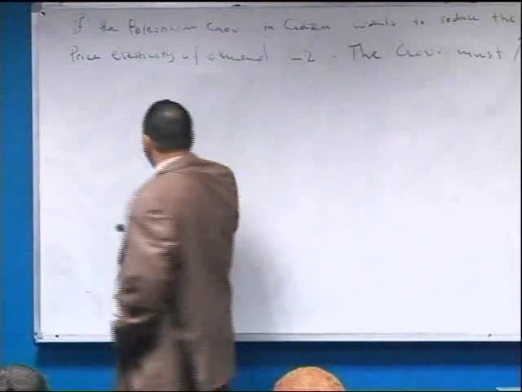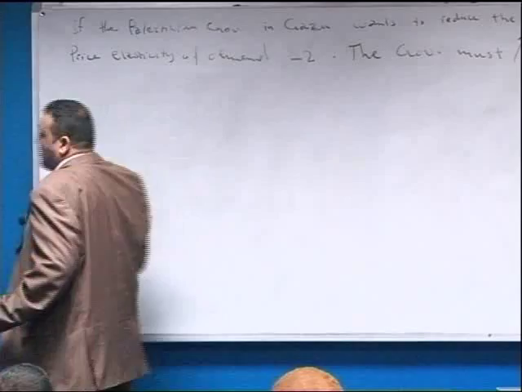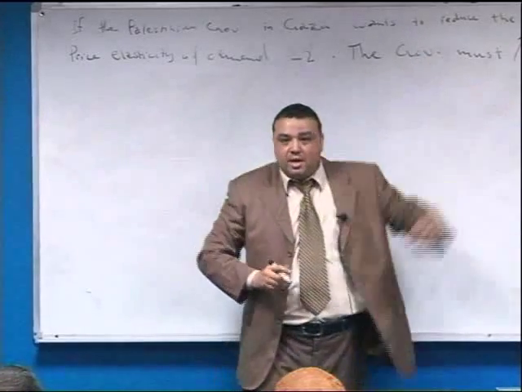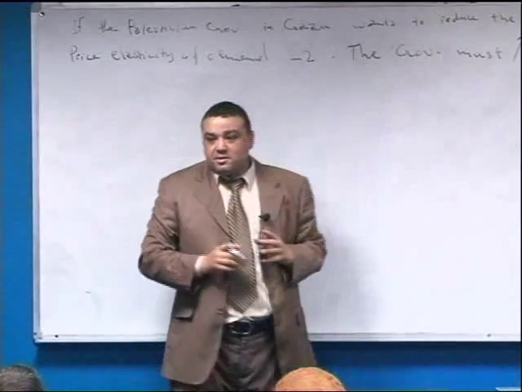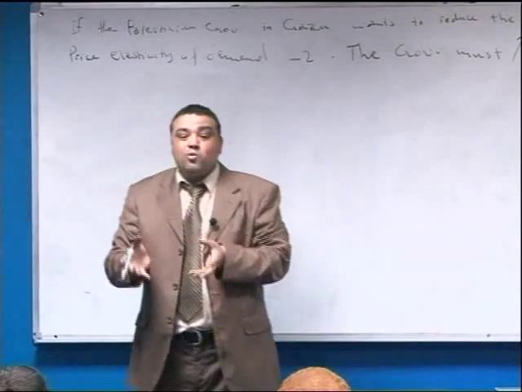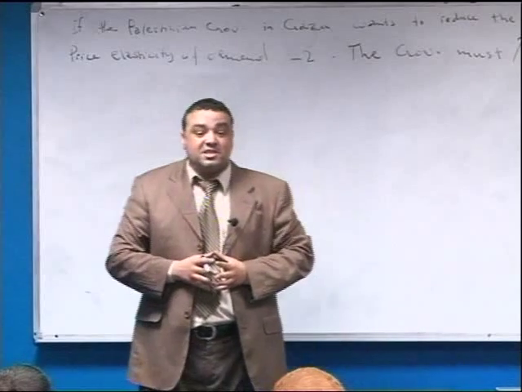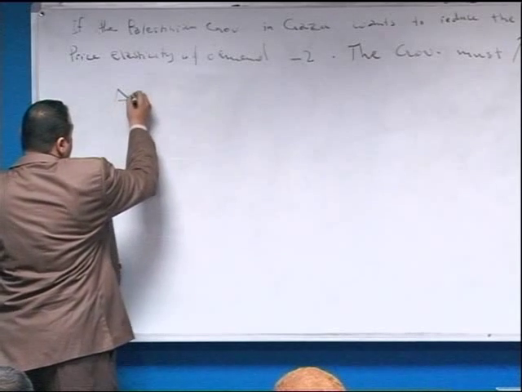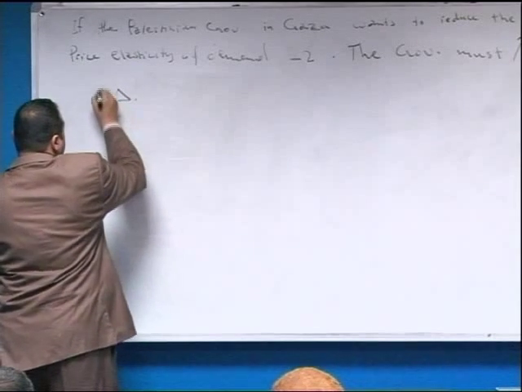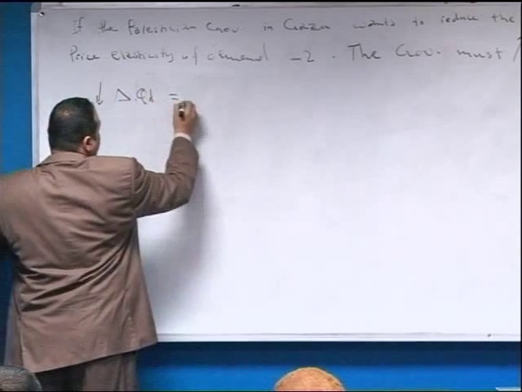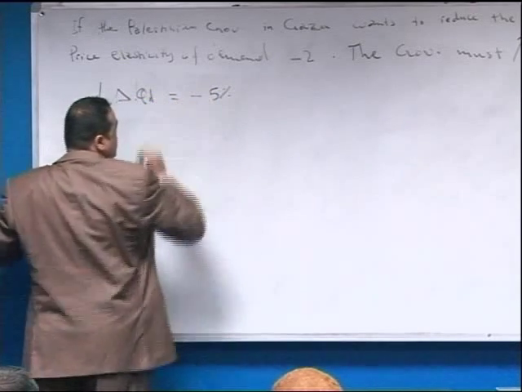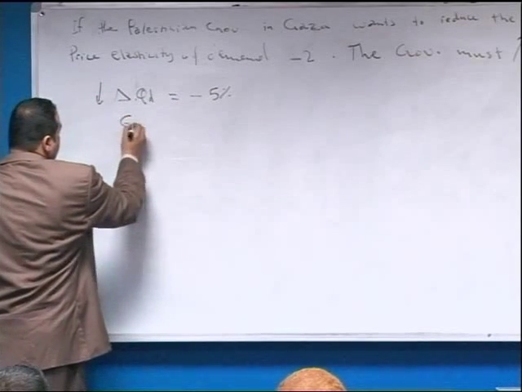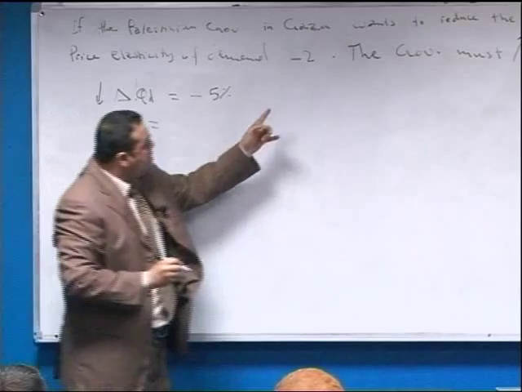I will do it. As you see, the Palestinian government decided to reduce the consumption of electricity by 5%. The consumption of electricity means the quantity purchased or the quantity demanded of electricity. So the target is decreasing the quantity demanded by 5%, so there is a negative 5%. ED equals -2.